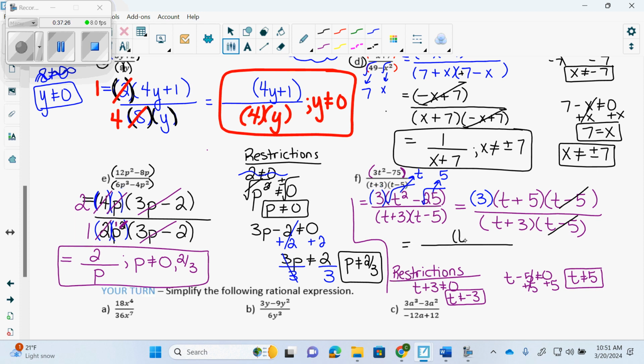So the t plus 5 is going to stay forever, and the t plus 3 is going to stay forever because there's no humans that match. And then I have one little individual snowball. The only way a snowball can cancel off is with another snowball. Is there a snowball in the denominator that we could cancel it off with? No, there's not. So that 3 snowball stays in. And what can't I forget to do? Restrictions. T can't equal negative 3, 5.